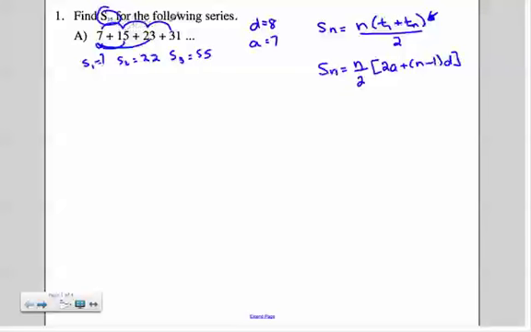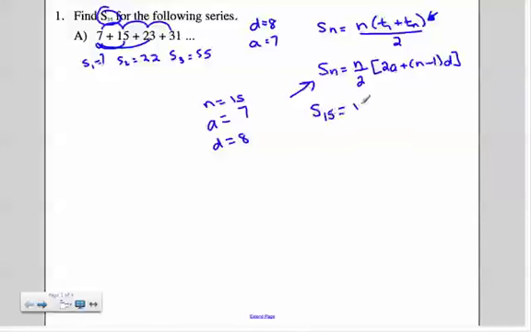If I knew what term 15 is, I could find it using a formula, but that's a lot of work. I like to take the most direct route. Because I know n is 15, a is 7, and d is 8, I have all the information I need for the second formula, so that's what I'm going to do.